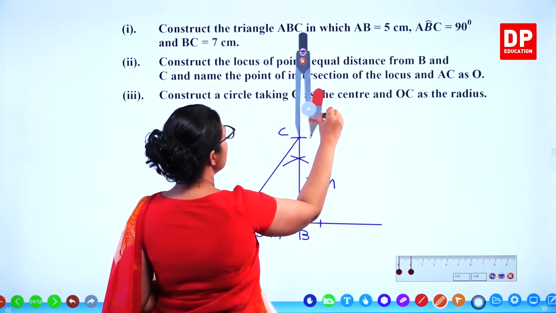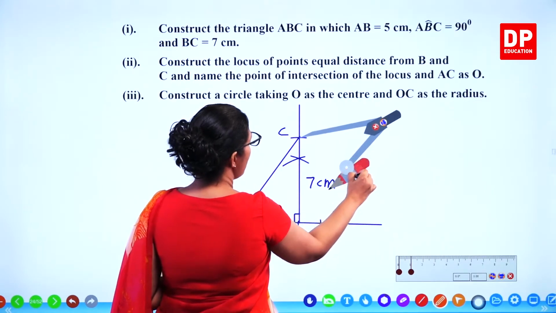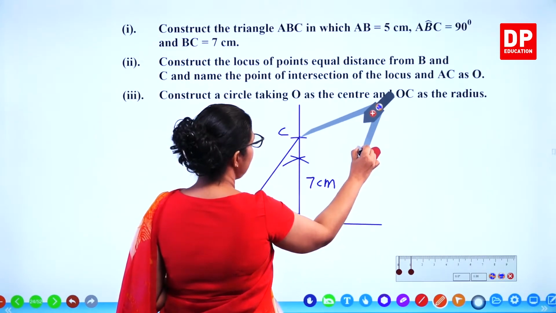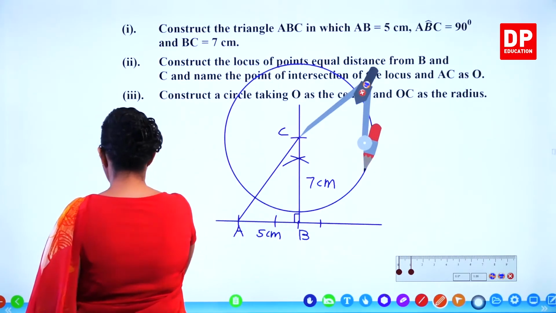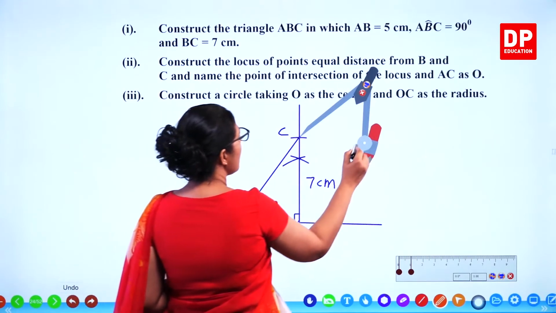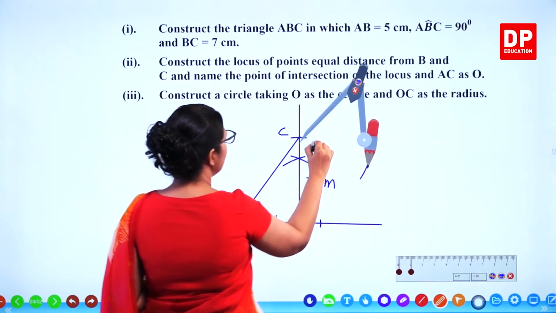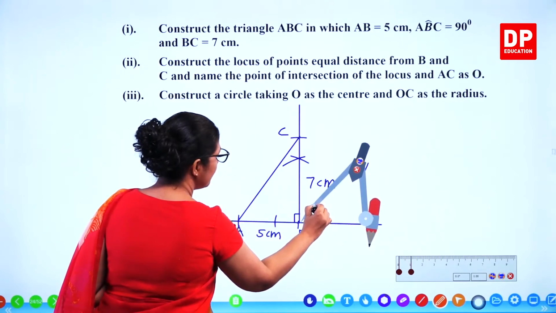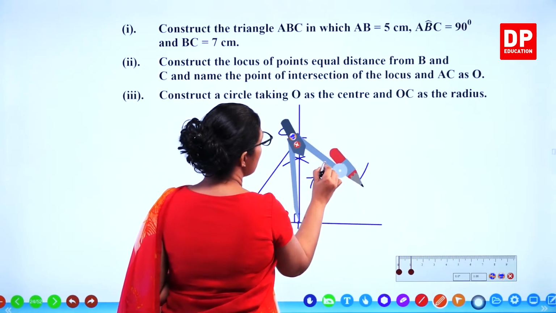Take any length, draw an arc in the middle. And you can draw the other arc here.